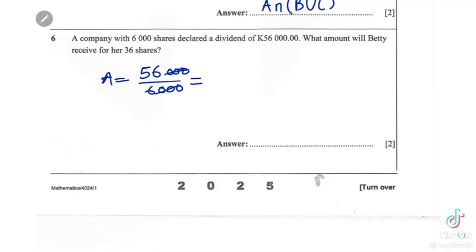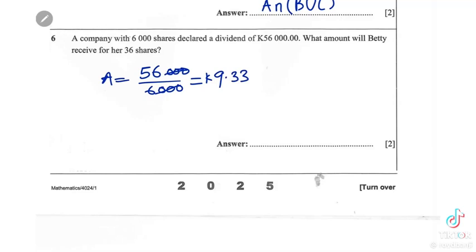Okay, what are you able to find? That is 56 divide 6. By the way, this is paper 1, so no use of calculator. So here, you should be able to find 9.33. Okay, that is the cost or amount per share.